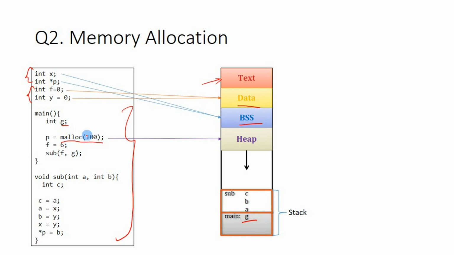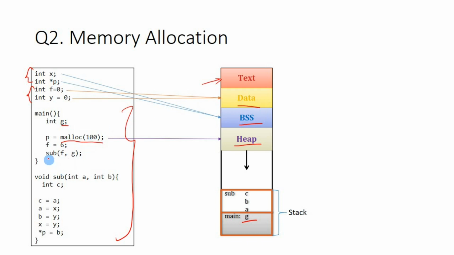Malloc is a dynamic memory allocation, done during runtime, so you do not know this beforehand. For malloc, you will allocate memory based on the amount of space available in the heap, so malloc will make use of the space in the heap to allocate this amount of memory for you. Next we have f, but this f is a global variable, so it's already been allocated from the data segment.